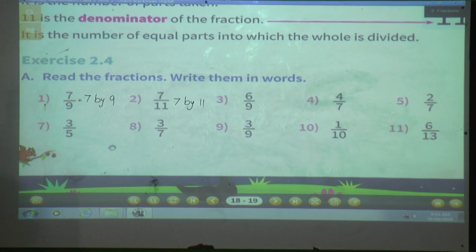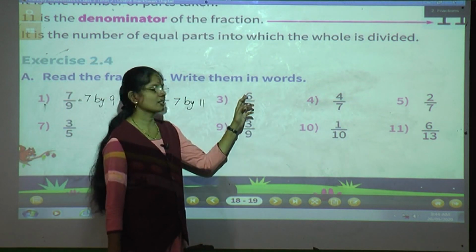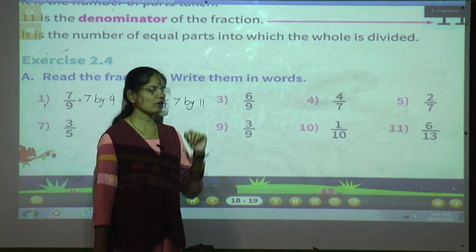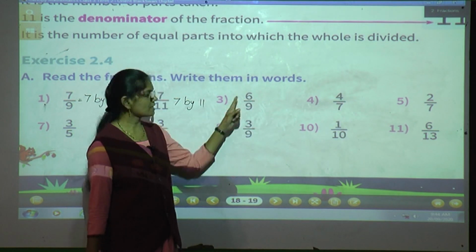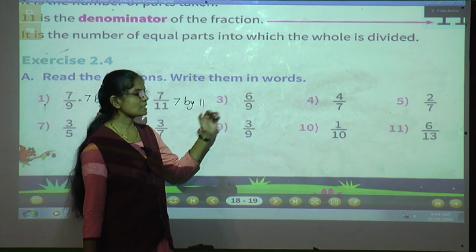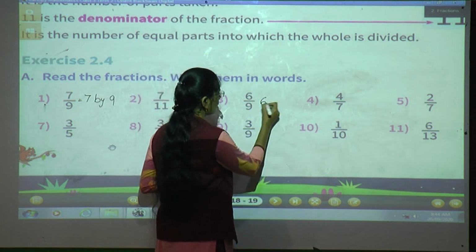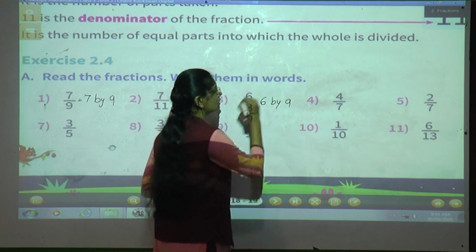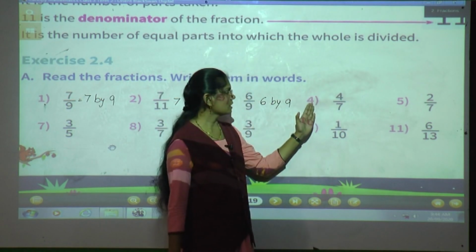Then move to the third example. Here what is the numerator? Numerator is 6. And what is the denominator? Denominator is 9. So read this fraction, 6/9. Correct. So here you can write 6/9. Then see this fourth example.